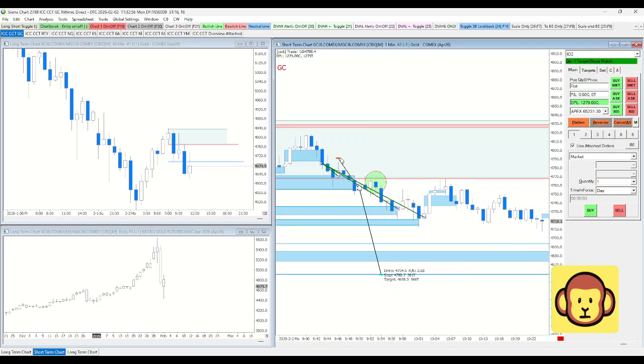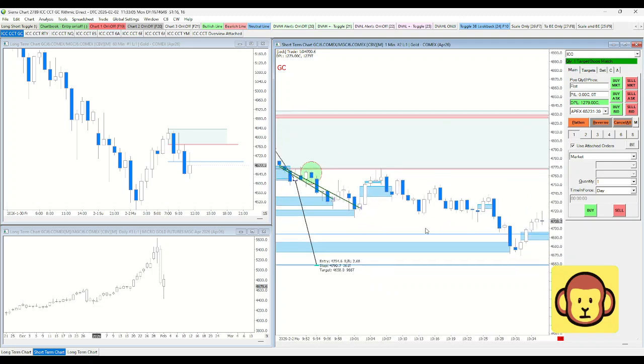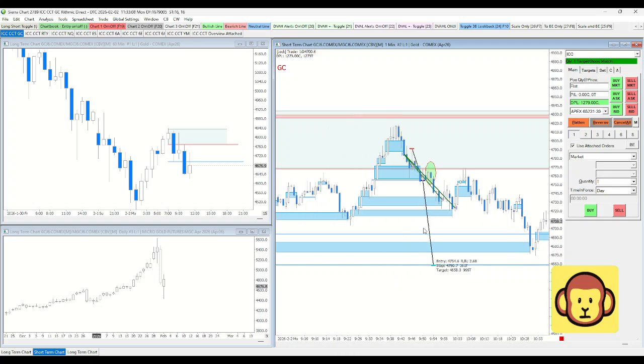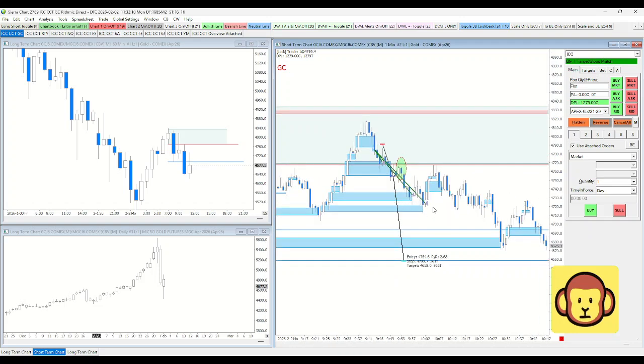Lower low, higher high, lower high. Break of fair value gap, close, enter. I got a bit spooked here at the bottom, so I was aware that it was a bit of a dodgy old trade.